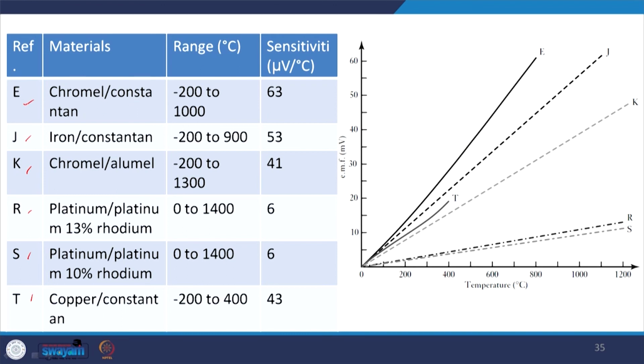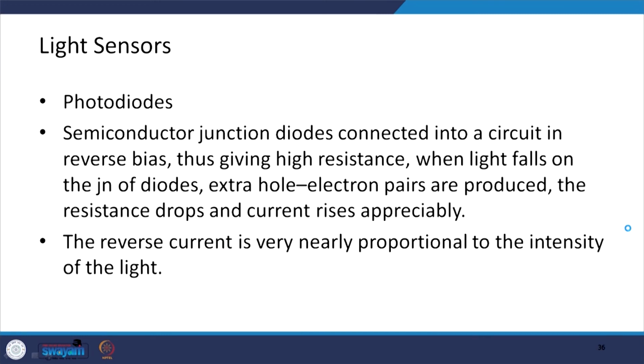Say chromel and constantan for E, with a range of -200 to 1000 degrees centigrade and a sensitivity of 63 microvolt per degree centigrade. Likewise it can be given, and this plot shows the EMF versus temperature for these various types, E, J, K, T, R, S and so on. Now, let us look at the light sensors.